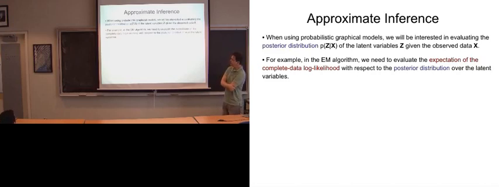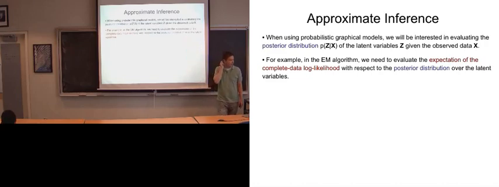Let me just remind you from the last class. Whenever we're looking at probabilistic graphical models, we're typically going to be interested in evaluating the posterior probability over some latent variables given observed data. That's generally the case for a lot of models. There are some latent variables or parameters, and you're trying to infer the distribution of the latent variables. For example, in the EM algorithm, we have to evaluate the expectation of the complete data log likelihood with respect to the posterior distribution.